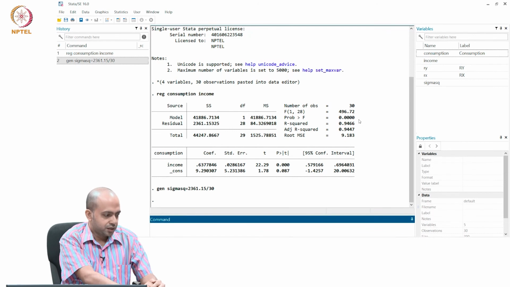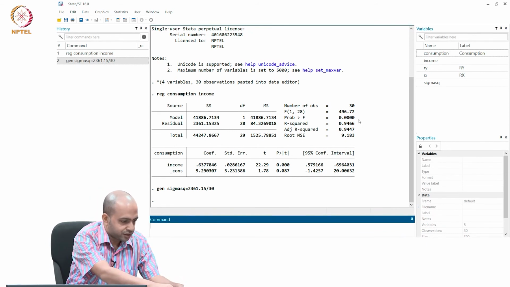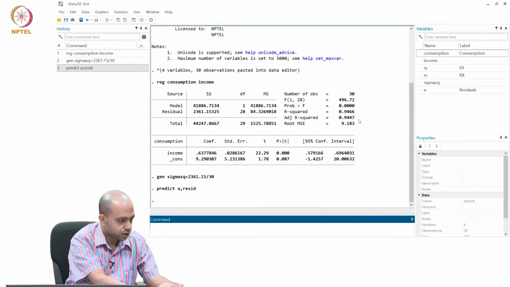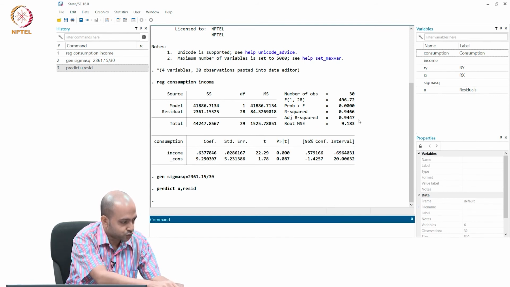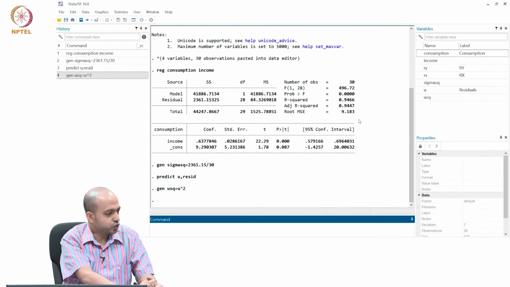right. Then you also predict u, residual, and then you generate the square of u, gen usq equals u squared. So, I have generated sigma tilde square, I have generated u hat square.